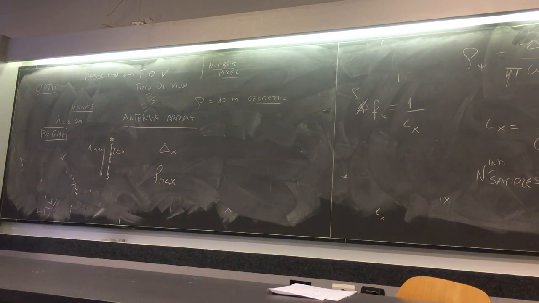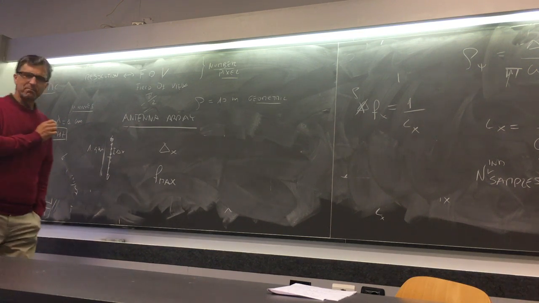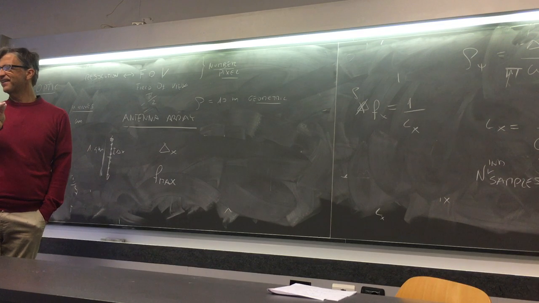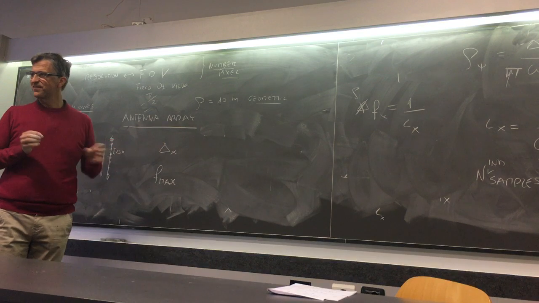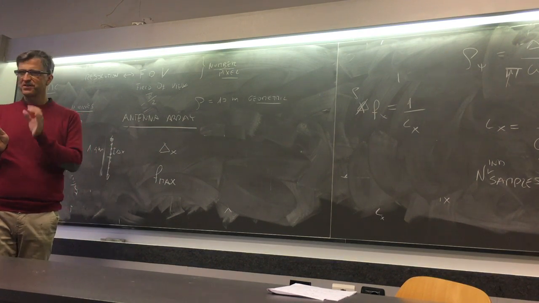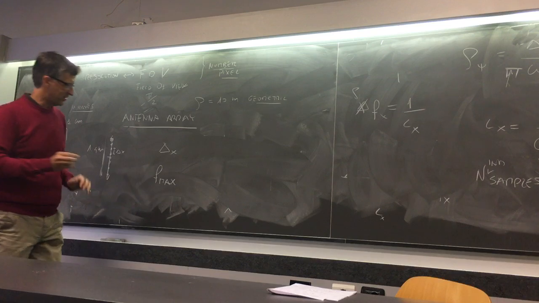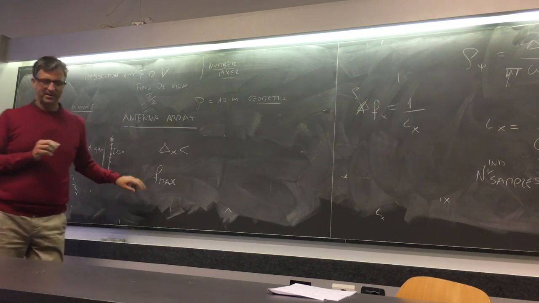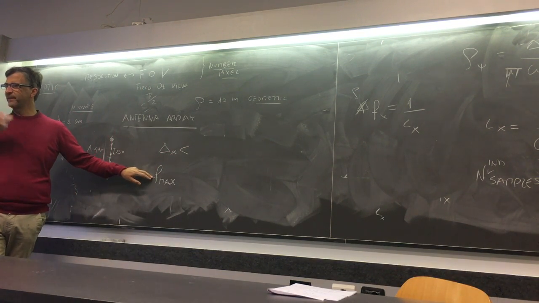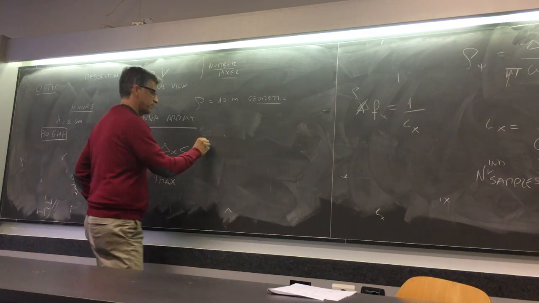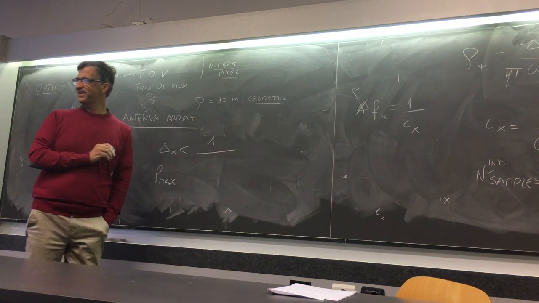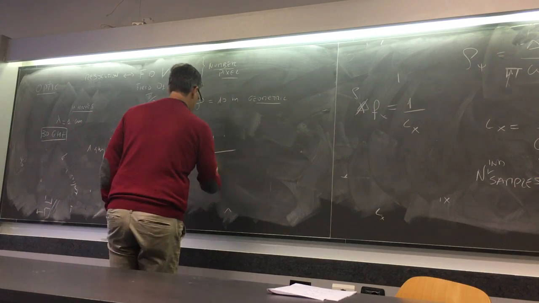How much is the sampling? Shannon theory. Usually, should the sampling space be lower or higher? Lower. The smaller, the better. So, it should be lower than what? If this is the maximum frequency, not the inverse of the maximum frequency, but twice.